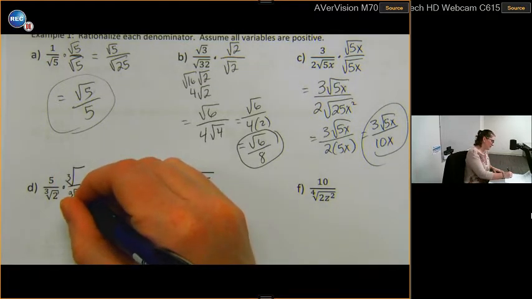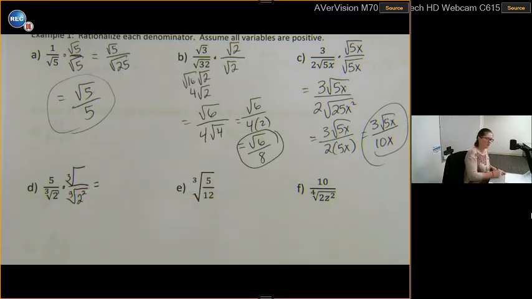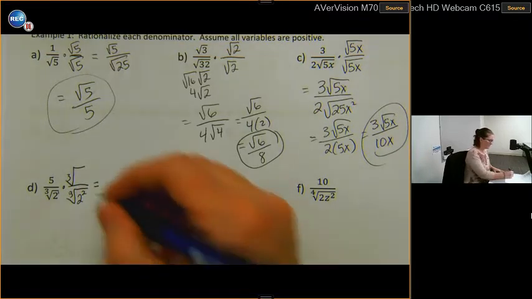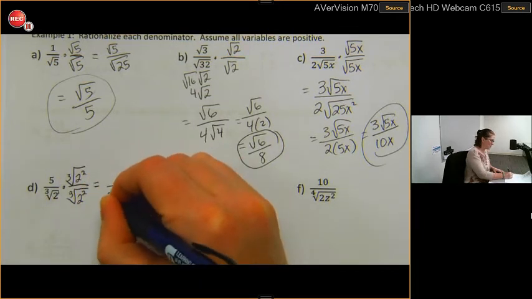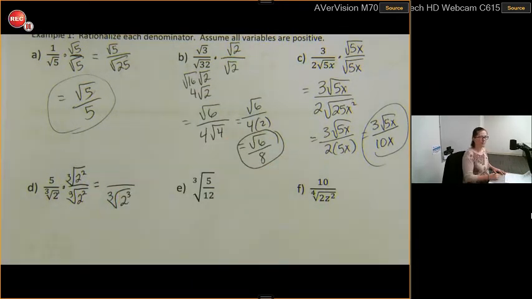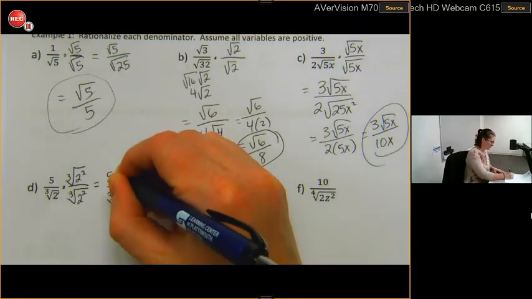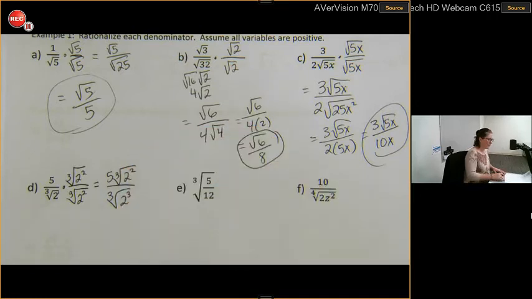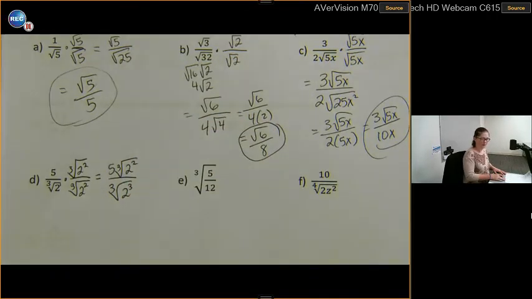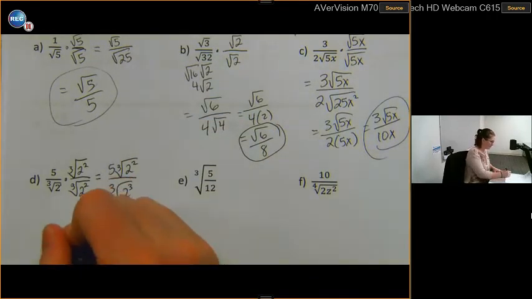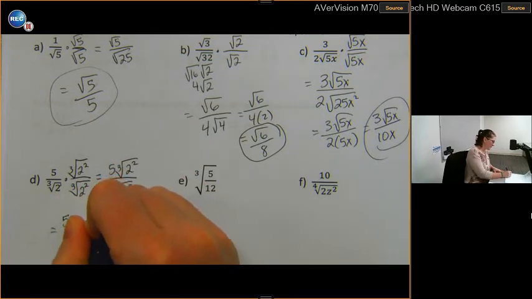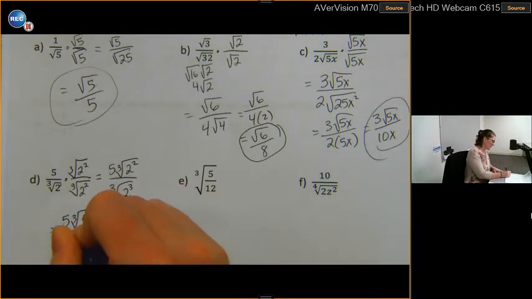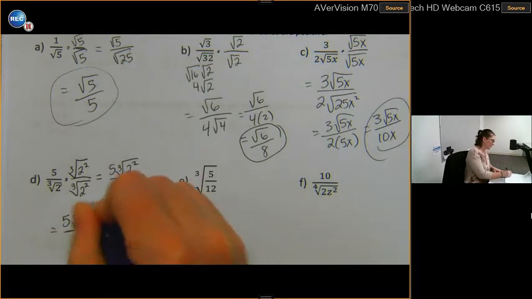If I want to make a perfect cube, I need 2 squared, because 2 to the first with 2 squared makes 2 to the third. And then the cube root of 2 to the third is just 2. In the numerator, I just make it 2 squared into a 4.